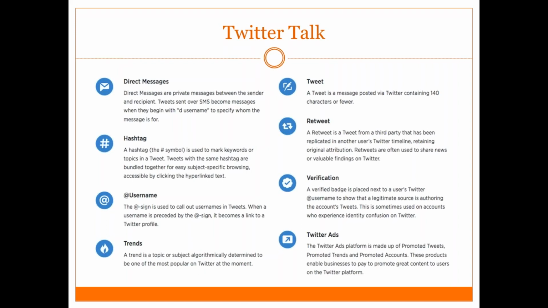So retweeting is just going to show it to your audience, and that's kind of how we get things trending. When something's retweeted a lot, it's shared with more and more people and becomes more popular. So a lot of times that's used to share news or valuable findings.